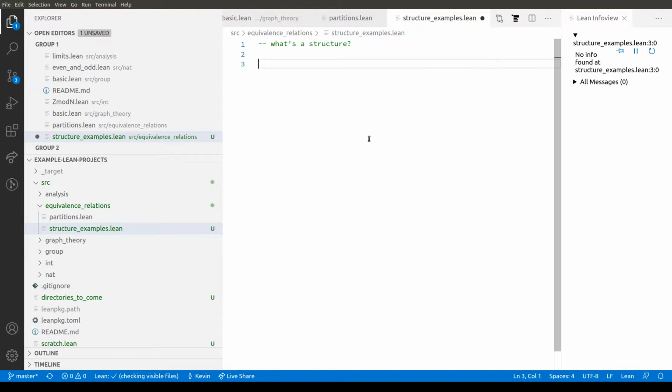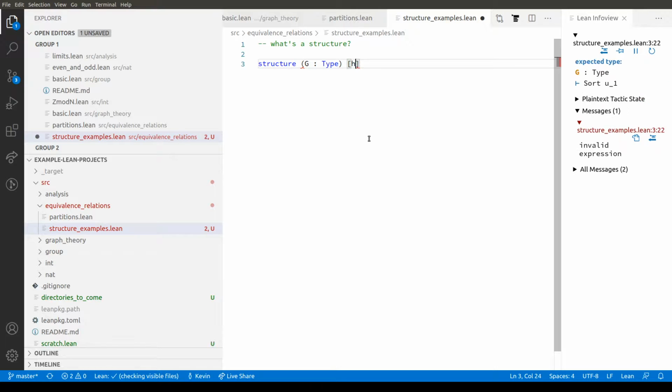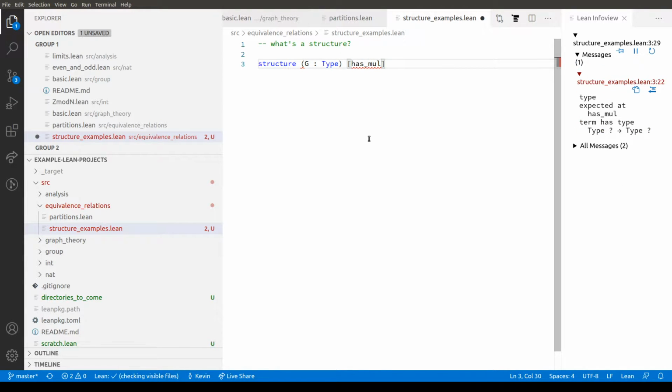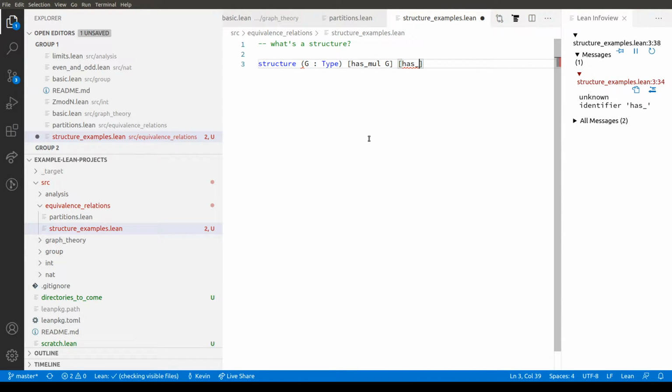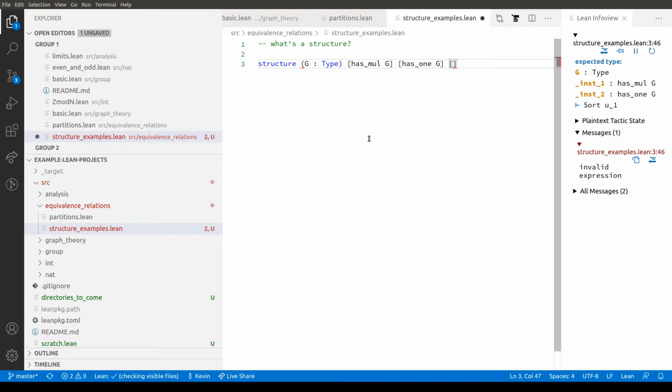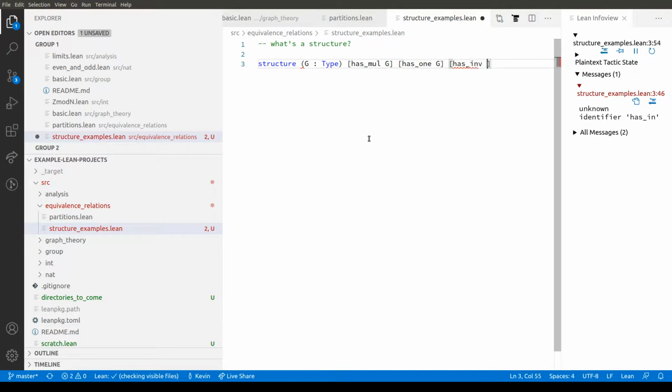In Lean, a structure is things like groups are a structure. So one could make groups like this, I guess. So here's a structure. If G is a type, then a group structure on G would be, well, first of all, I'm going to assume that G has got a multiplication and that G has got an identity, has one G, and I'm going to assume that G has got inverses there.